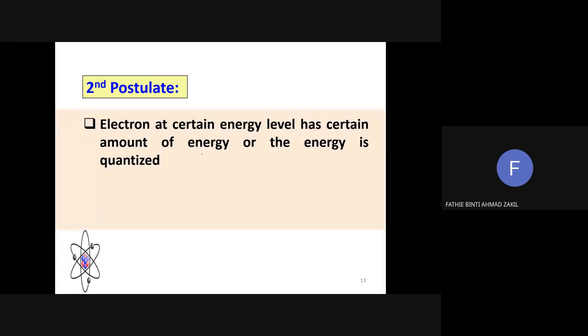Okay, so he has an equation. After he did his research, he got an equation like this. En refers to the energy level, equals negative RH, okay, RH is the Rydberg constant from earlier, times 1 over n to the power of 2. So he got this equation.